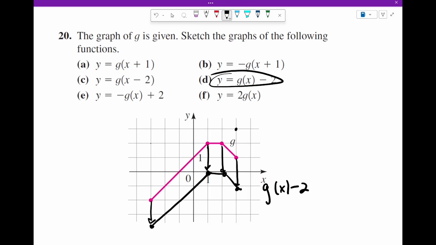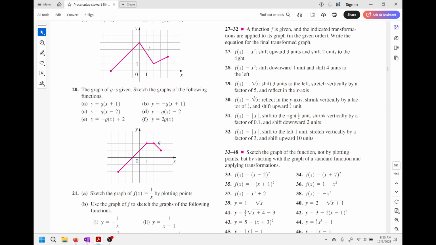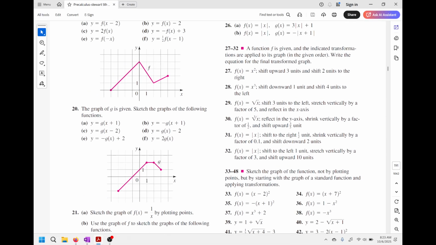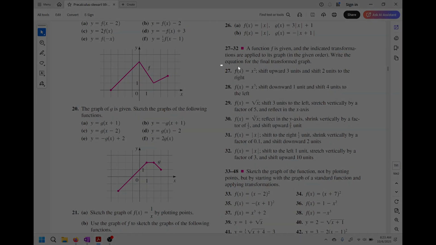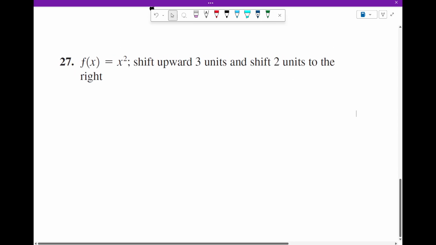Let's see. What is the next question here? Number 27. Let's go look at number 27. So a function of f is given. The indicated transformations are applied to the graph. Okay. So another transformation. So here we go. All right.